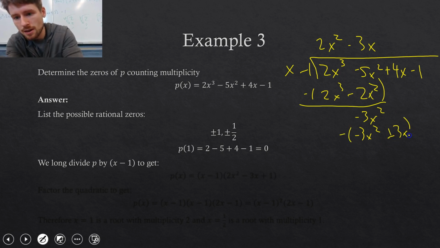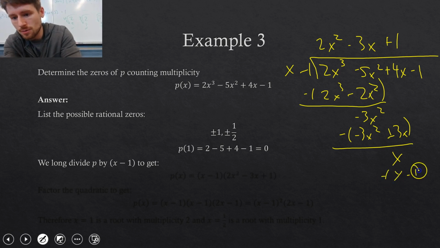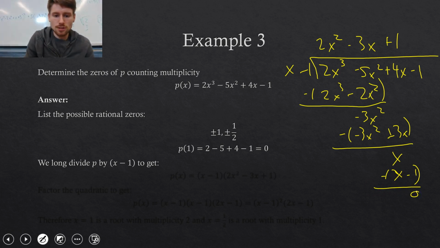Take that away. We have 4 minus 3, and that's equal to x. X goes into itself one time, so we have x minus 1. Take that away, and that gives us a remainder 0. And so then our polynomial is x minus 1 times 2x squared minus 3x plus 1.